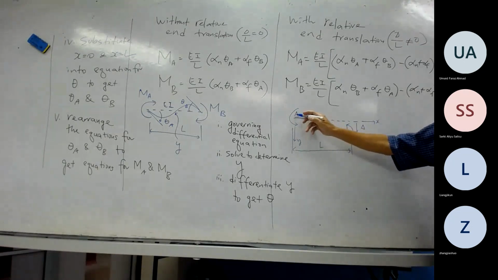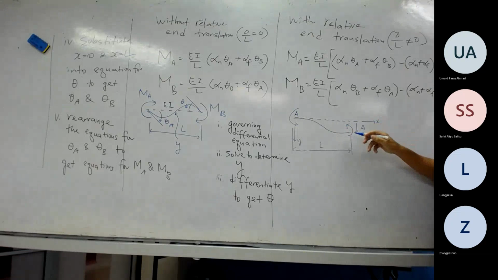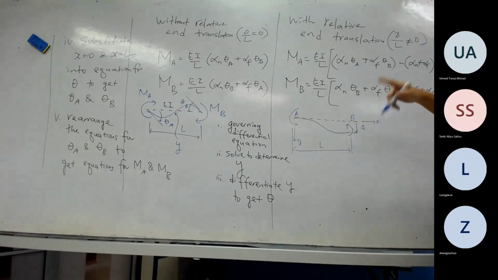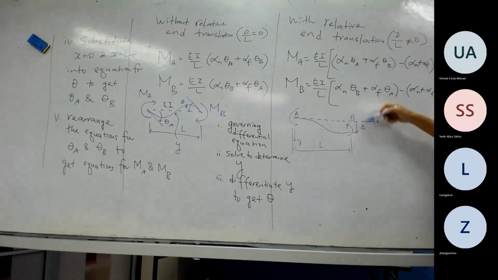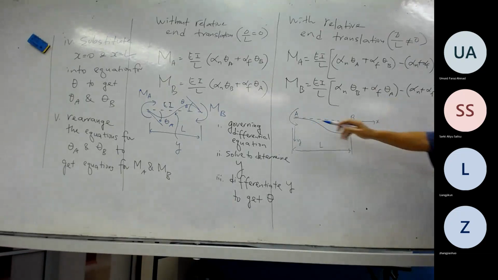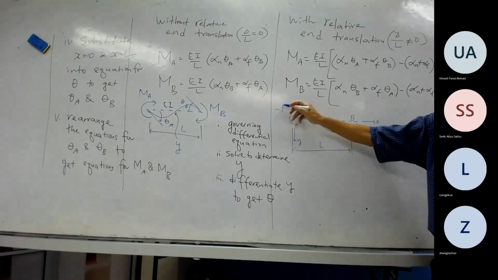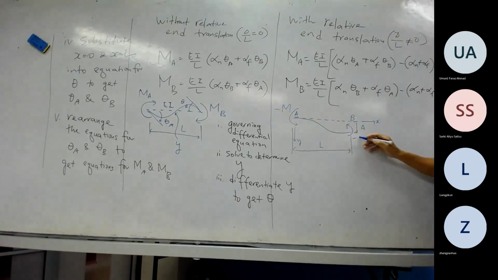And if this is A, and this is B here, then we assume clockwise as positive. So here, when you have positive translation, you get this kind of moment. So this becomes negative. So relative end translation will cause moment as well.